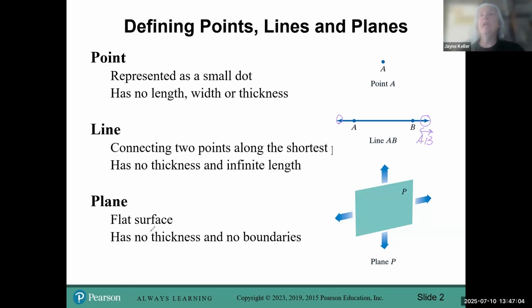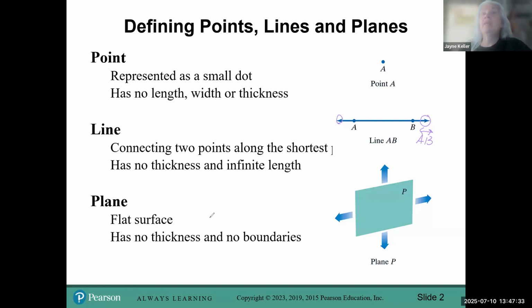And then we have a plane, and for a plane, think of a piece of paper, like a sheet of notebook paper that extends in all directions, so infinitely. Just like the line goes in both directions infinitely, the paper is just spreading out. Or think about a wall, if it could go in all directions and keep extending.